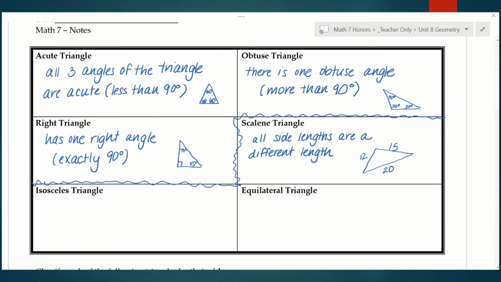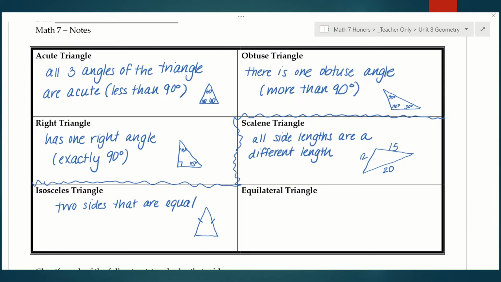Isosceles. So an isosceles triangle has two sides that are equal. So if you see a triangle and you see that it has these marks on it, showing that those two sides are equal, that would be isosceles.